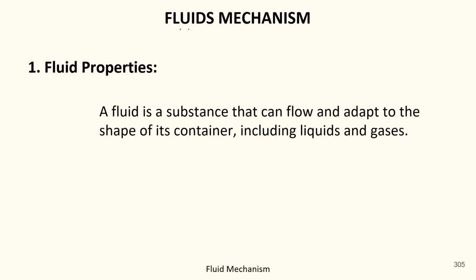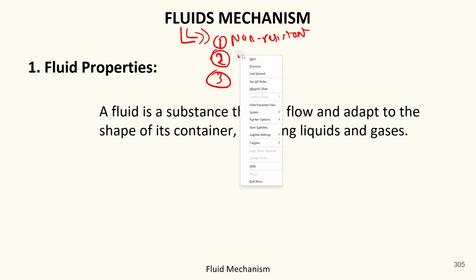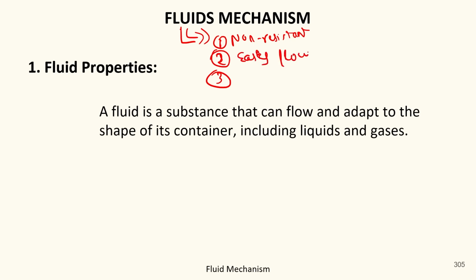The first is fluid. So basically, to justify any substance as a fluid, or to get a meaning of what you mean by fluid, we require three conditions. First condition is non-resistant. Second condition is easy flow.